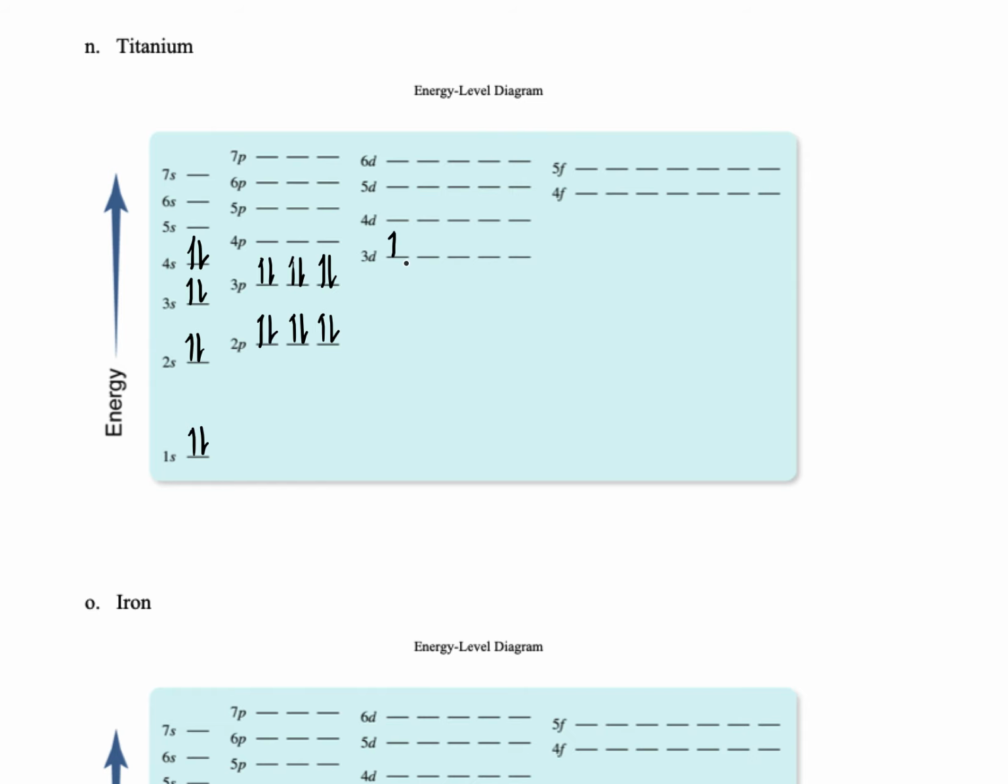That was the diagram for scandium. For titanium, we're going to need one more, and we won't put it in the same orbital that first electron was in. We want to use Hund's rule and spread them out until it's necessary for them to be paired. So now we'll have 1s2, 2s2, 2p6, 3s2, 3p6, 4s2, and we'll go to 3d2.